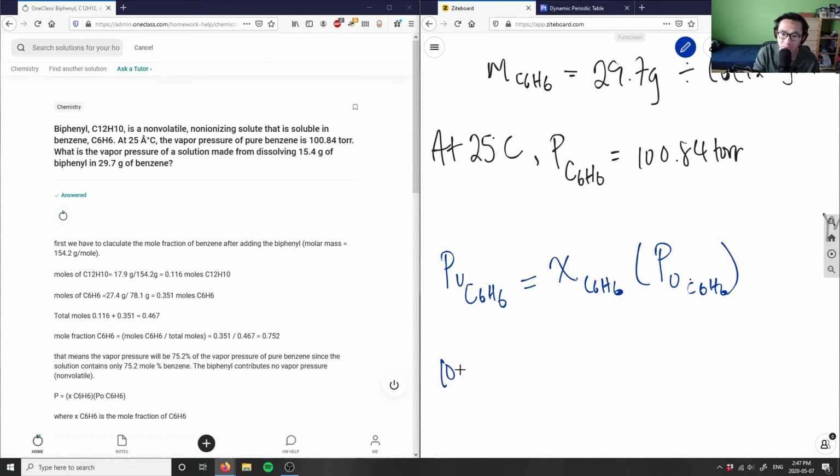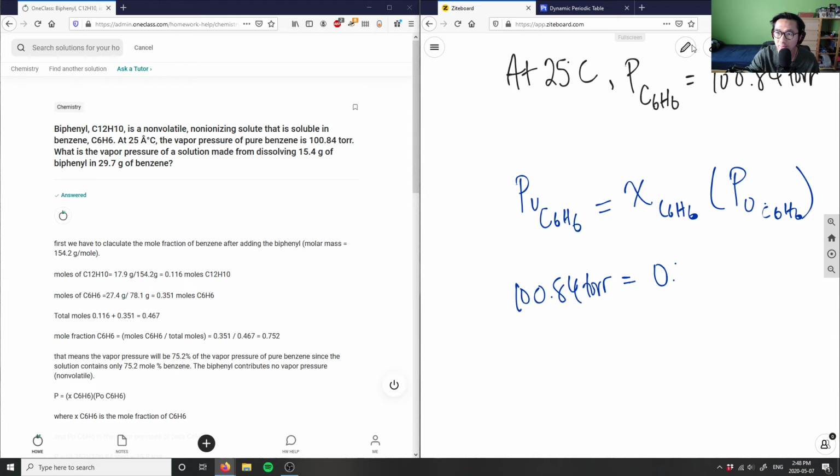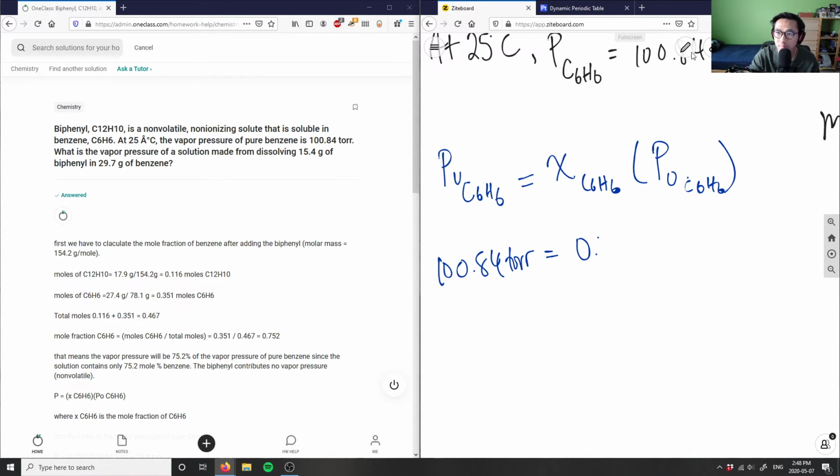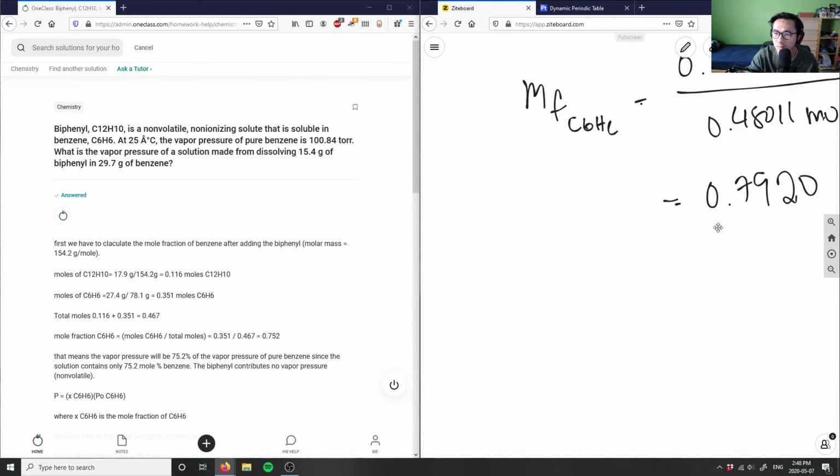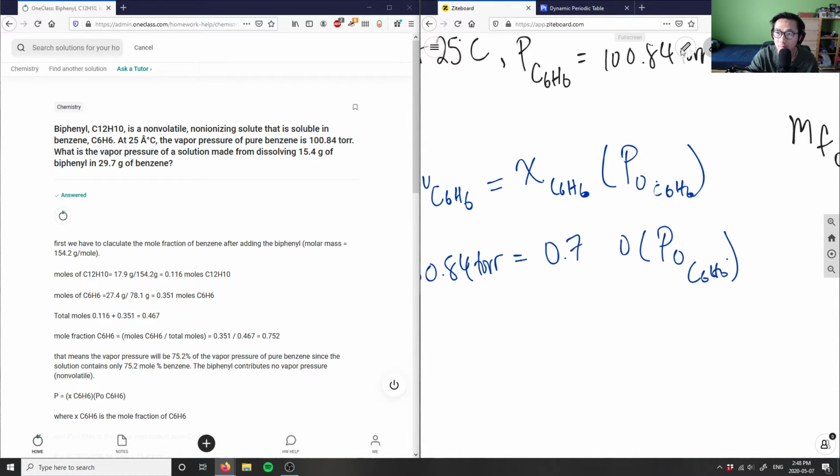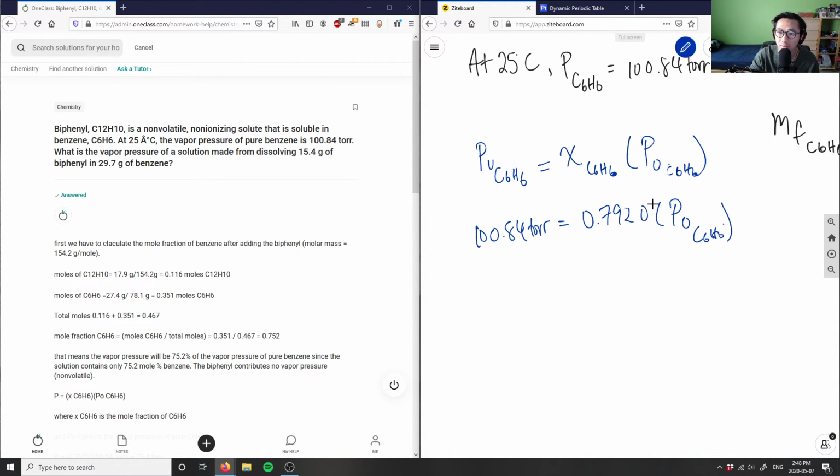So this here would equal 100.84 torr, and our mole fraction here is 0.7920 times our partial pressure of C6H6. And then I can divide both sides by that, and I would get my partial pressure of C6H6, or benzene.